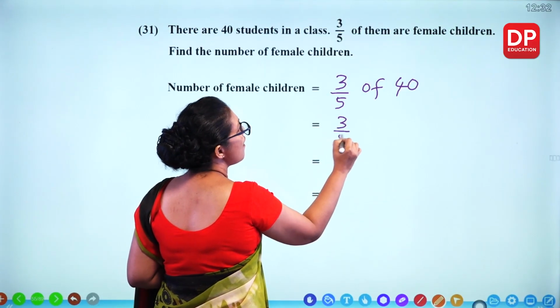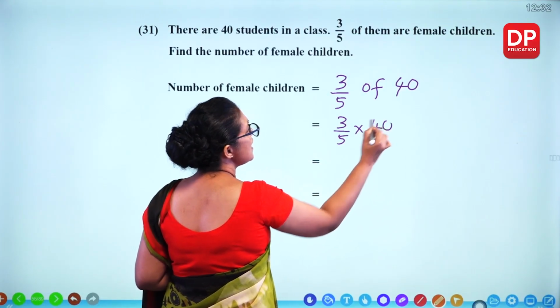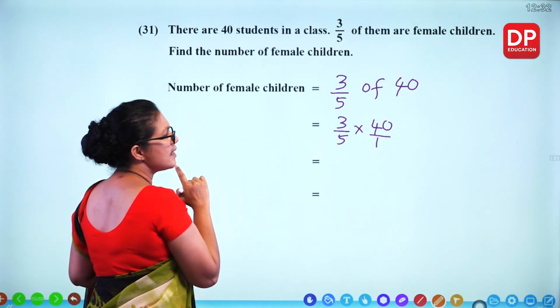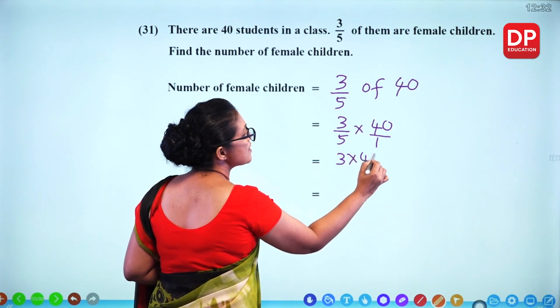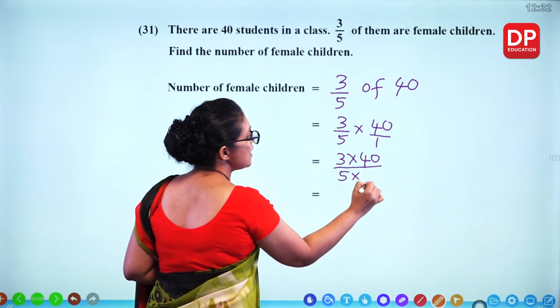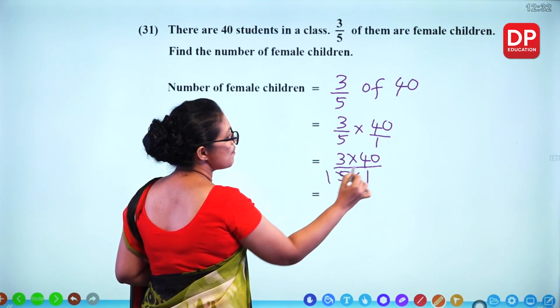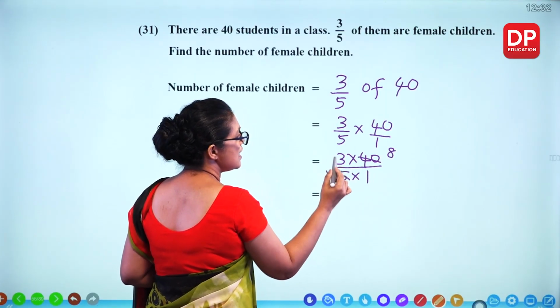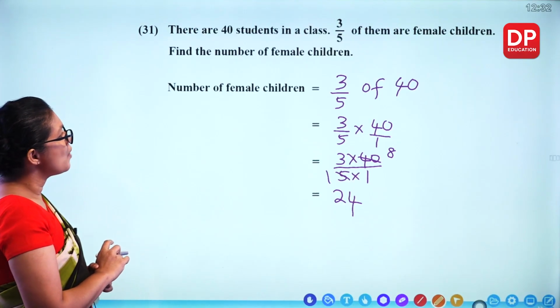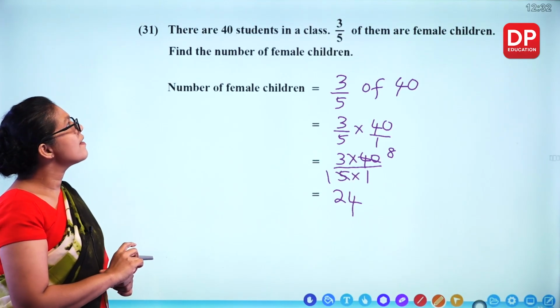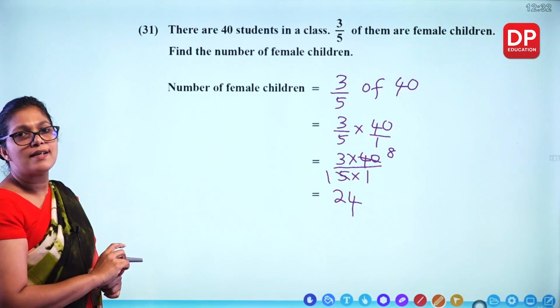So 3 over 5 multiplied by 40. This is like 1 here, nothing there means 1. So multiply the numerator separately and the denominator separately. 5 times 1, 5 times 8. 8 times 3 is 24. So that means 24 female children are there in the class.